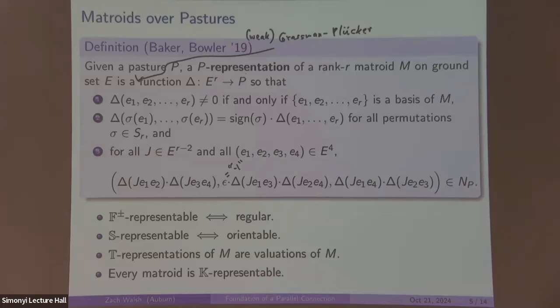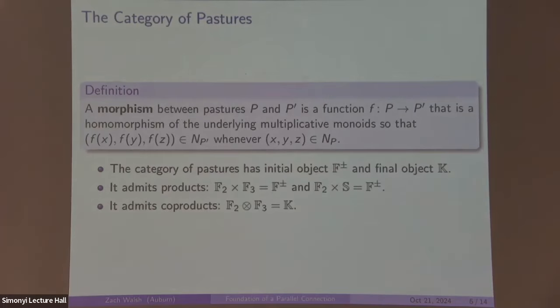Okay. So now I'll just mention a couple other nice things about working with matroids over pastures. The next thing is that the category of pastures has some very useful properties for working with matroids. Here the morphism between two pastures is just a function that preserves multiplication, and it preserves these triples in the null set.